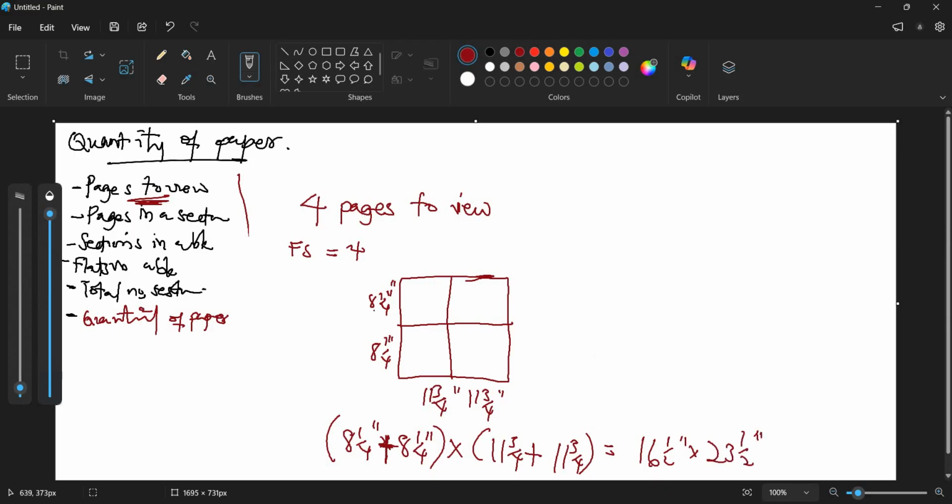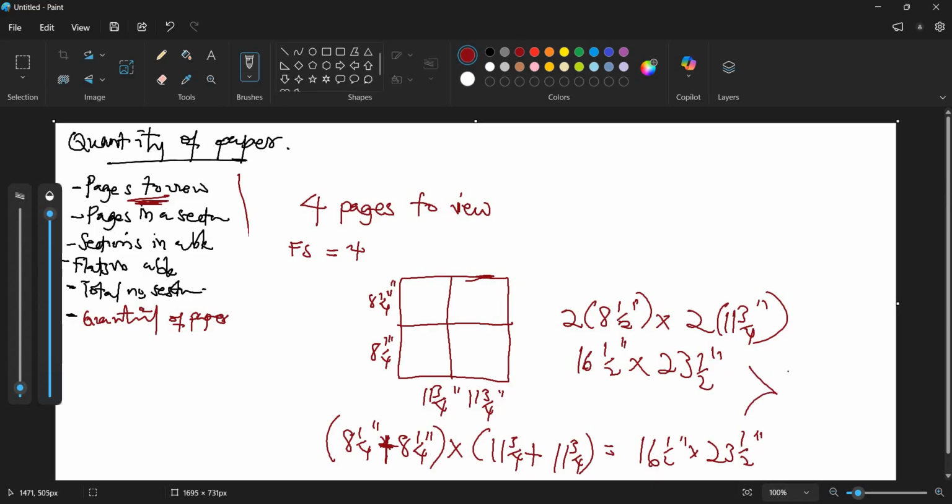Or I can multiply 2 by 8 1/4 and then multiply 2 by 11 3/4. So I get 16 1/2 by 23 1/2. So you add your margins and then you get 17 1/2 by 24 1/2.